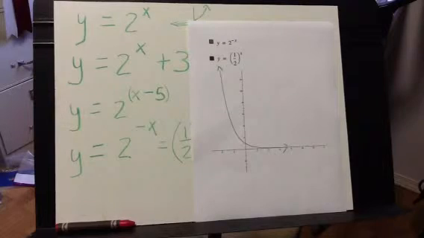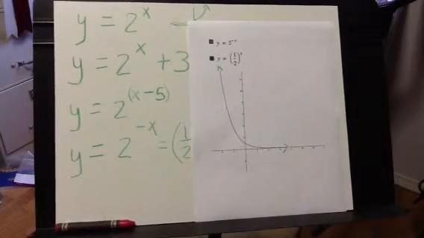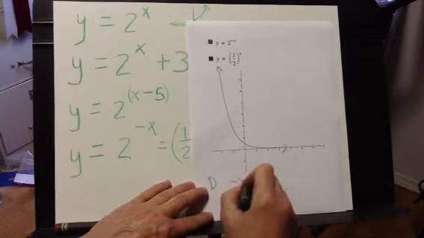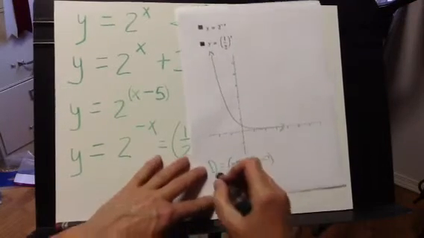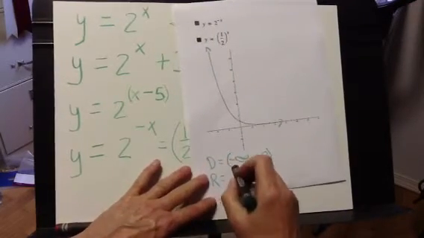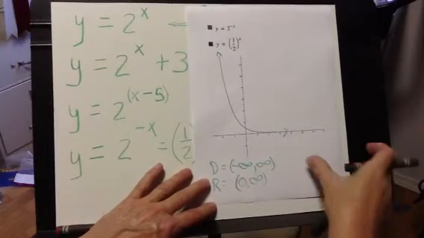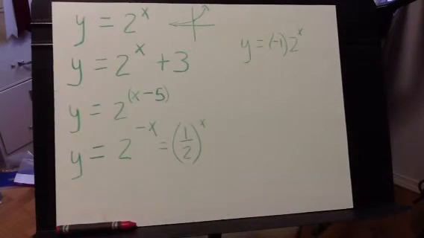Half of a half of a half of a half is going to be very close to the x-axis. So the domain on this thing is from negative infinity to infinity. Why? Because an exponent can be absolutely anything. The range on this thing is from 0 up to infinity. And that's what we know about exponential functions and basic transformations.